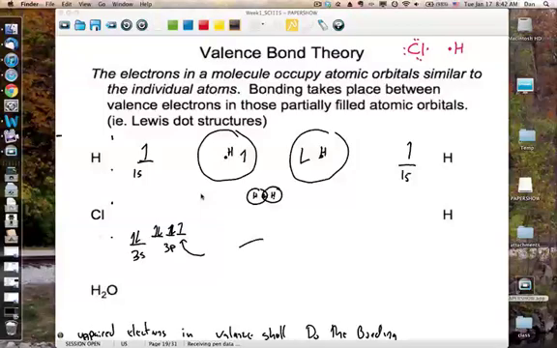If you remember what a p orbital looks like, it sort of has this lobe shape with the central atom in the middle. The unpaired electron would sit in there, and it could interact with the 1s orbital of the hydrogen to form the HCl molecule with the shared pair of electrons taking place between the two atoms.